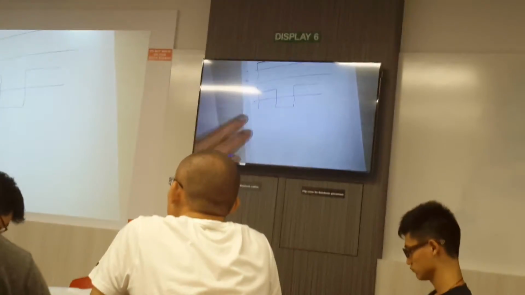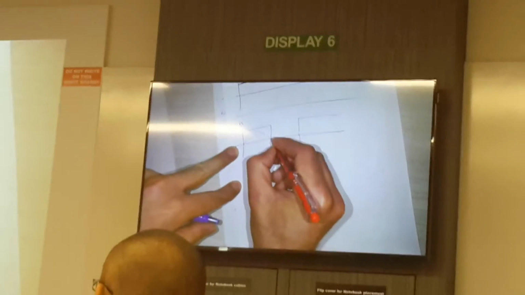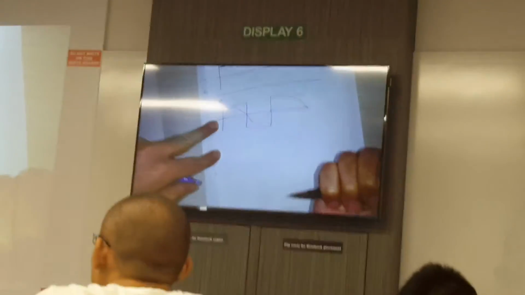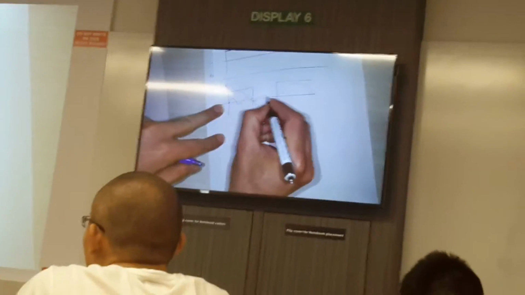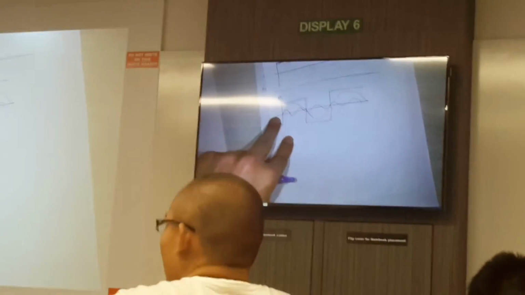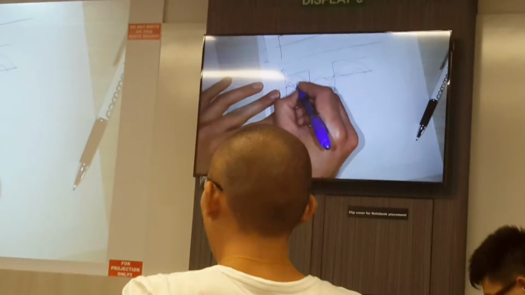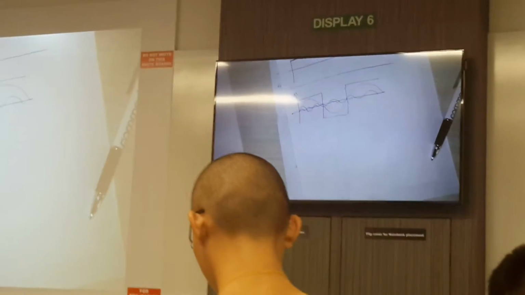So I can say that this signal, as an example, again, don't say this is wrong, is equal to this signal plus another sinusoidal, plus another sinusoidal, whose frequency is different.